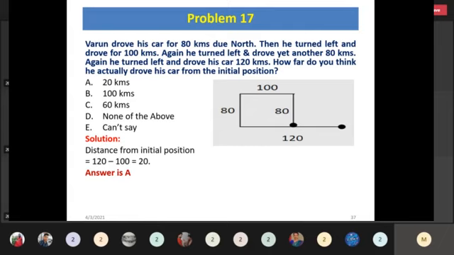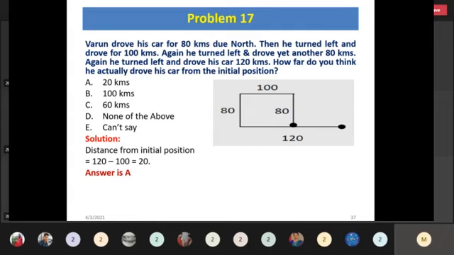How far is he from his initial position? The options are A, 20 kilometers, B, 100 kilometers, C, 60 kilometers, D, none of the above, and E, we cannot say.